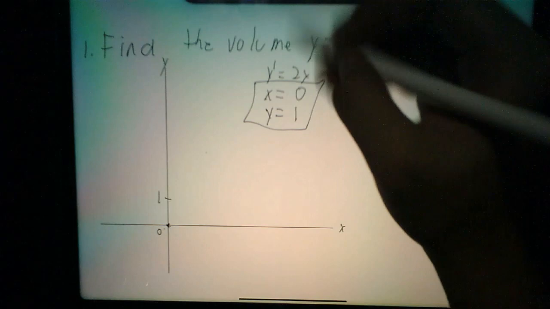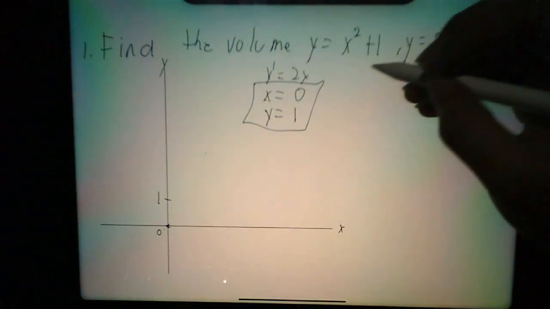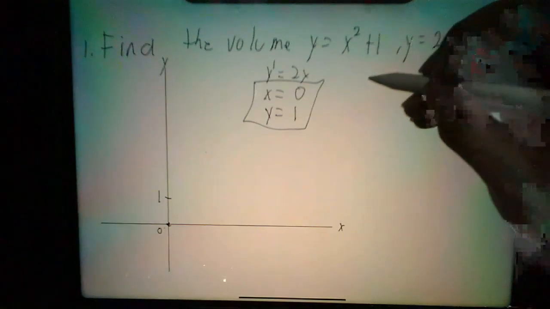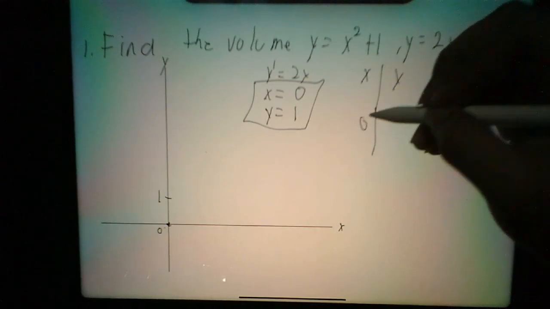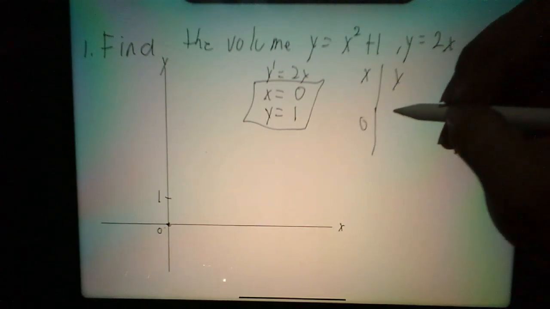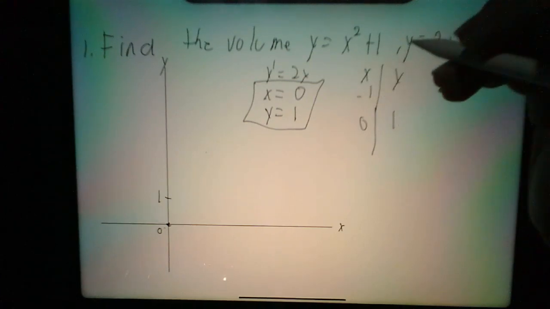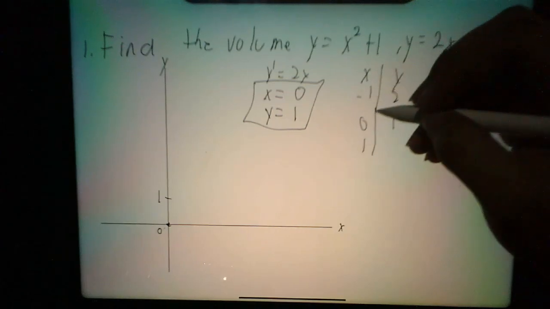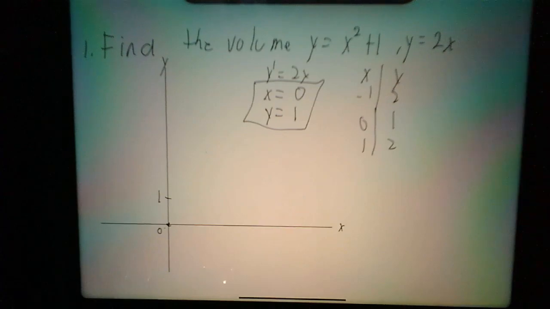So let's erase that out. But before we erase that, we need to find the other points of the parabola by creating a table here. If x equals 0, y equals 1. If x equals negative 1, our y here will become 2, and x equals 1, our y here will also become 2. So 1 and 2.